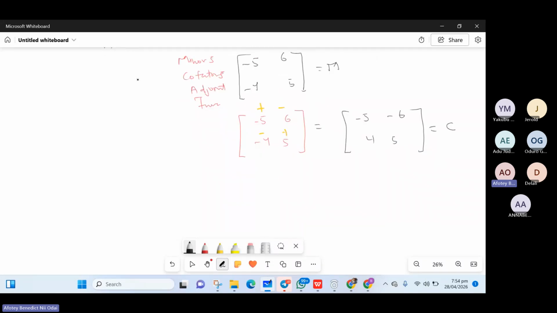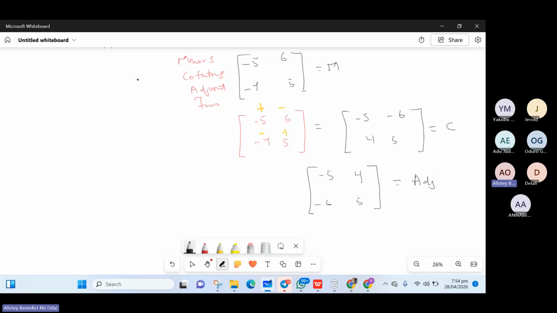We know that the adjoint is equal to the transpose of the cofactor matrix. So the transpose of this matrix gives us -5, 4, -6, and 5. This becomes our adjoint.